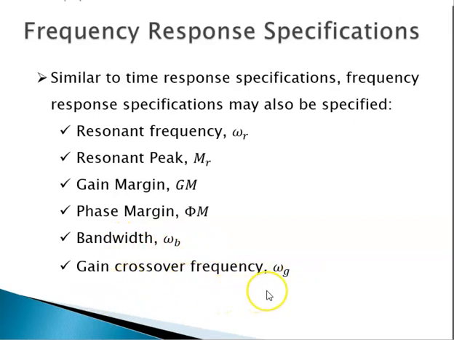Along with this, of course, you have phase crossover frequency. These specifications constitute the frequency response specifications. In design, very often we specify these to tell the designer what is expected out of the system.